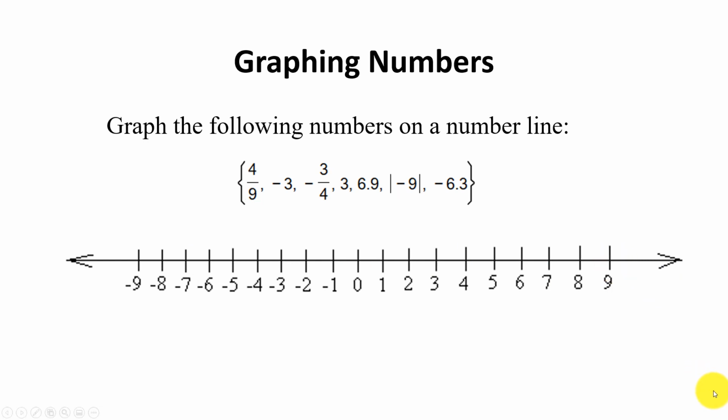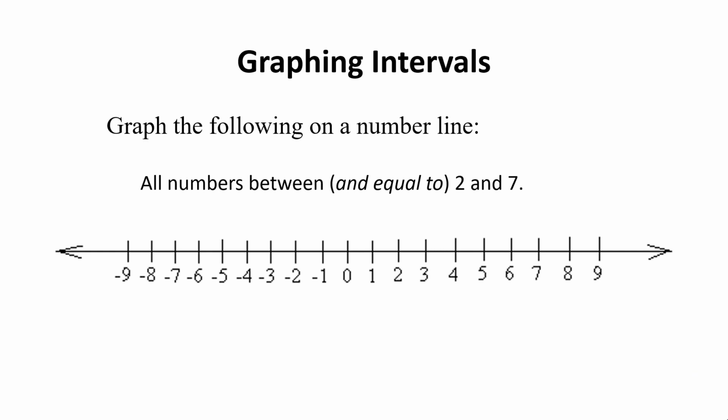Let's do another example. Graph the following on the number line. All numbers between and equal to 2 and 7. So this is what we call an interval of numbers. It's all numbers including 2 all the way up to 7 including 7.